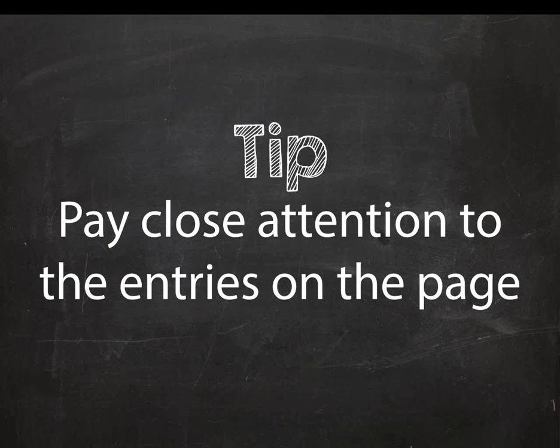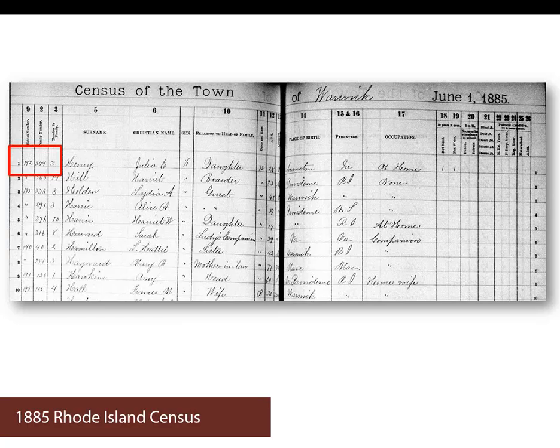Big tip when using these state census records is you need to pay close attention to the entries on the page. We get so used to looking at census pages that we tend to just look for our person and we may ignore what's around us. I'm going to show you that's a bad way to look at the Rhode Island records.